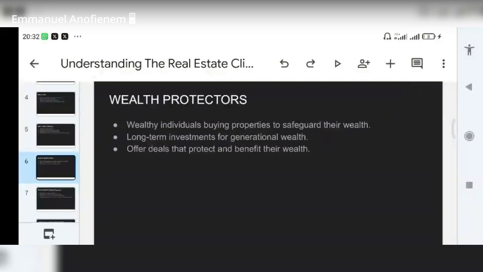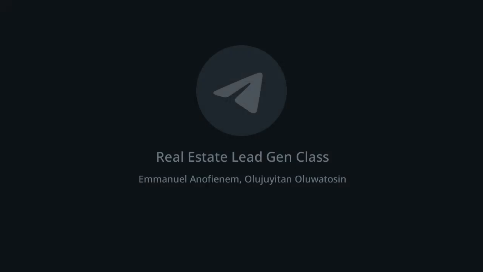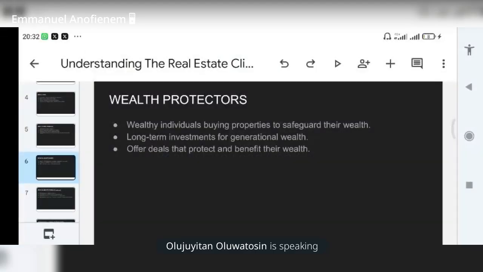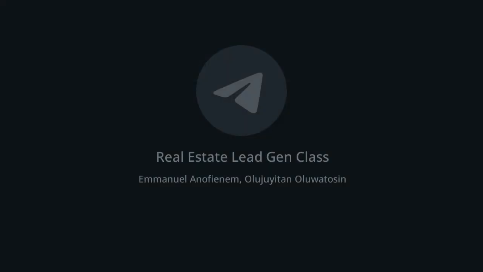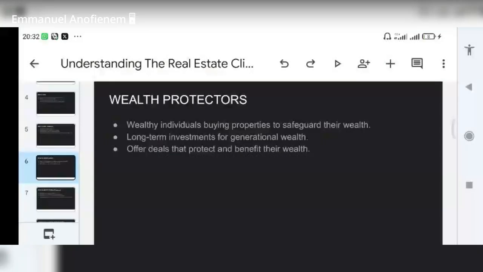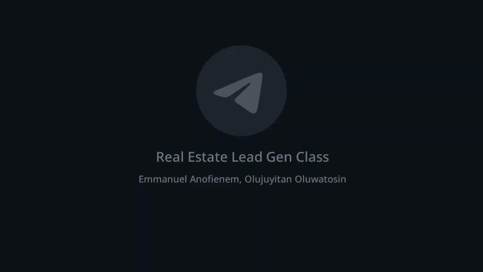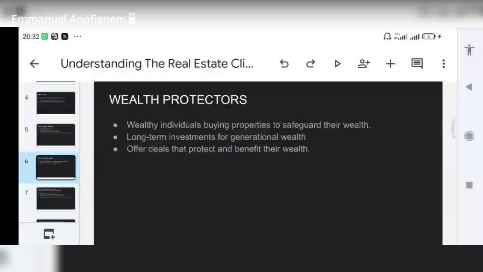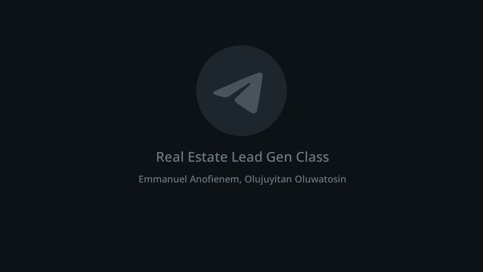So the next audience is wealth protectors. So these are wealthy individuals that are buying properties to safeguard their wealth. So the idea is that they want to safeguard their wealth. They're not trying to make their money back in 2 years, 3 years. They're already wealthy, right? So they want to protect their wealth. So some people here, maybe politicians, business people, they want to invest their money maybe for their children, their generations, and all that.